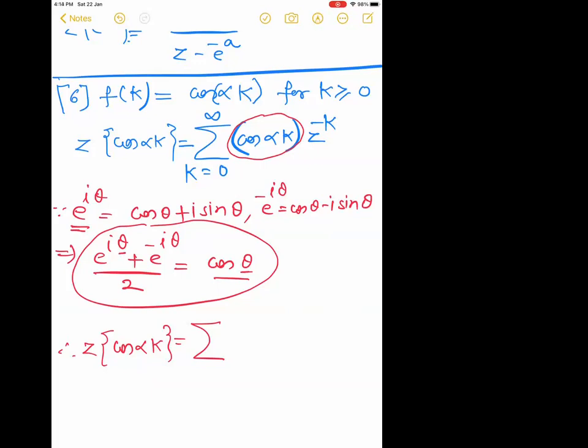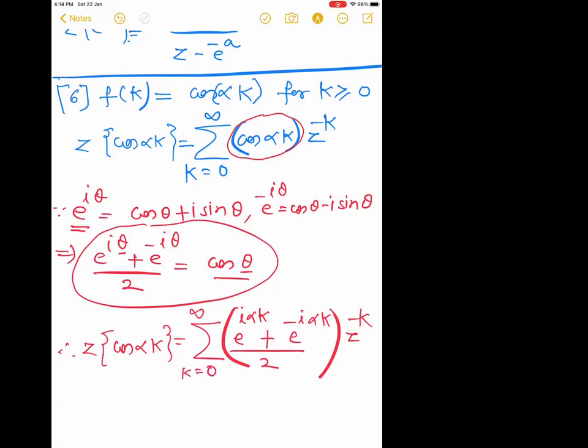So e raised to what will you write? E raised to i alpha k, correct, plus e raised to minus i alpha k, upon 2. Yes, very good. So that is the cosine in the exponential form. Okay, and k is of course 0 to infinity.